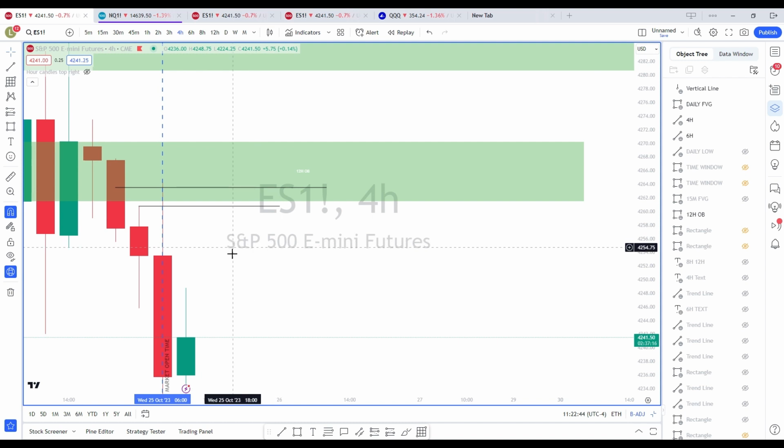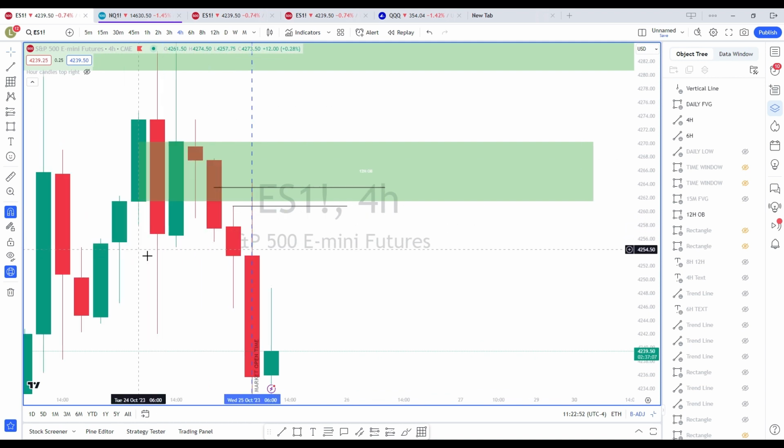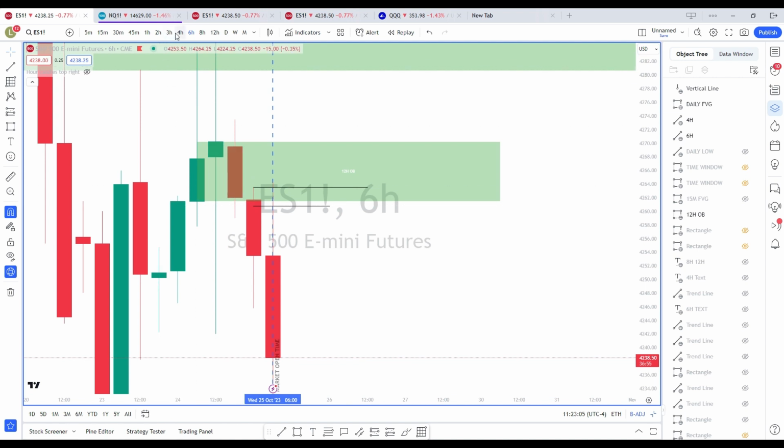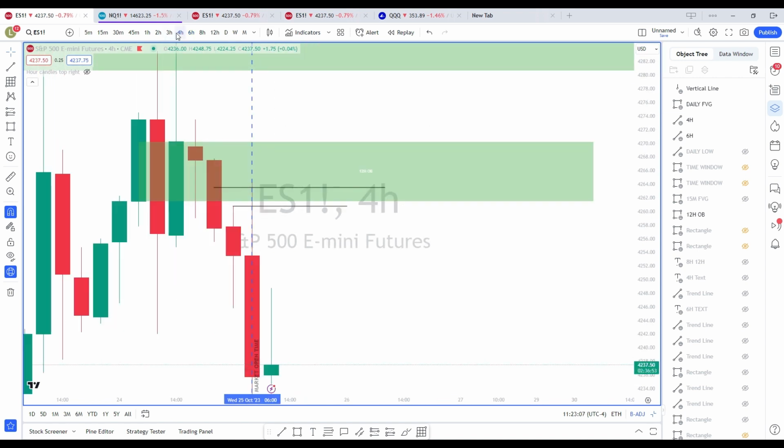If the move has to be big, ideally it shouldn't start with red. Yes, you can go up and then form this as a block, but the probability of red to green is low, right? And manipulations happen when the manipulation is against the trend.